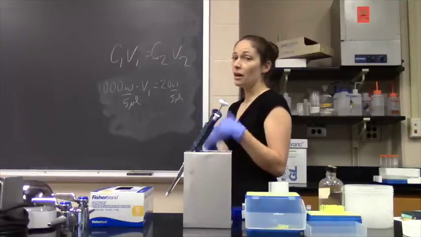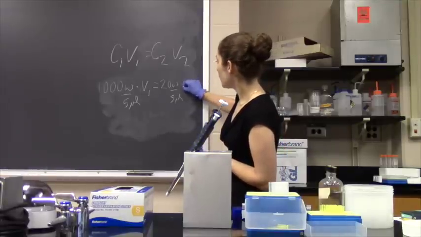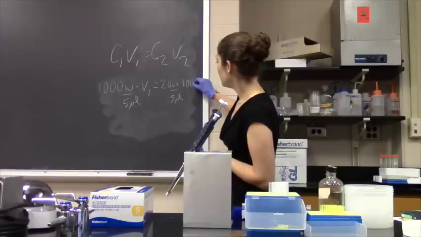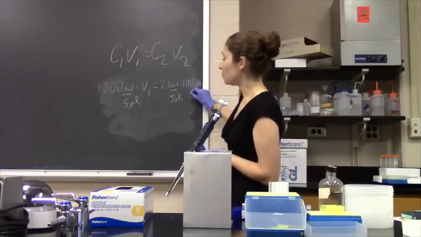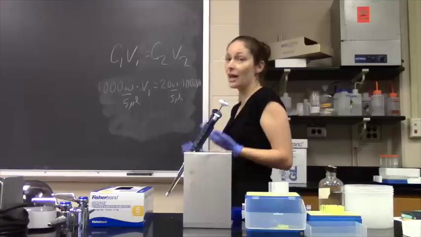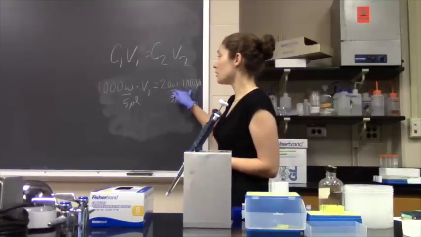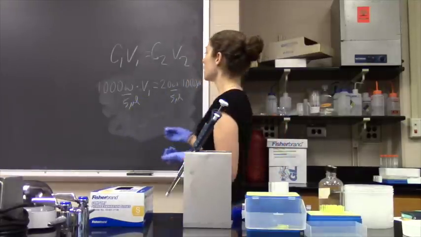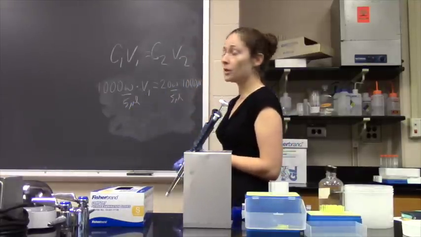So I'm just going to make a large volume of this. So I'll make 1,000 microliters total volume. All right, and I just picked that. It doesn't have to be that. I just picked the volumes that I know that I'll have enough, right? So all we have to do is solve for V1 now.